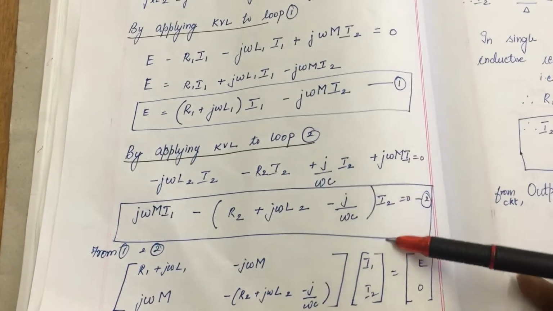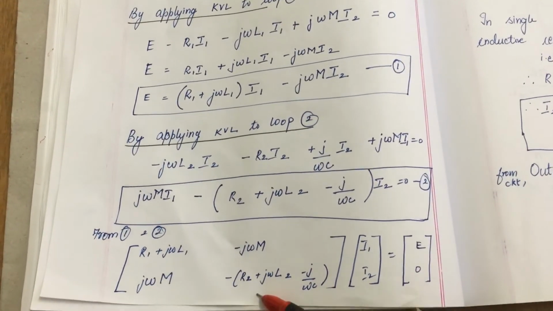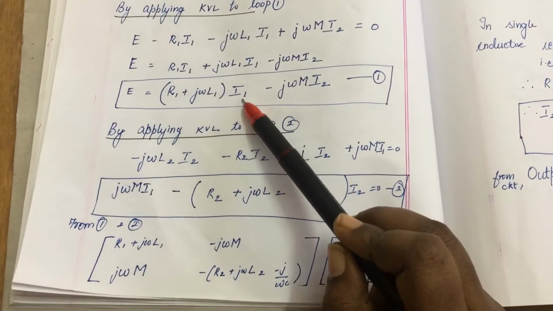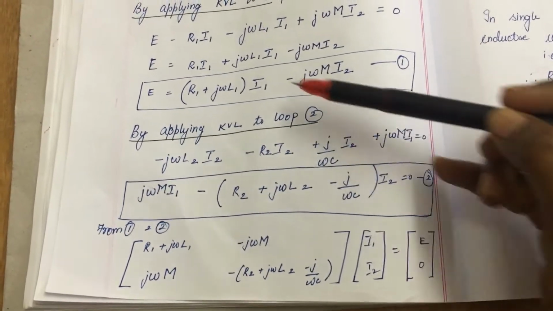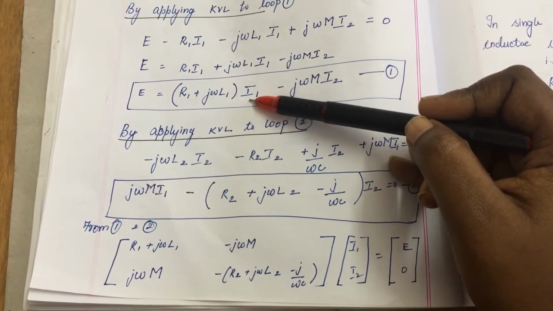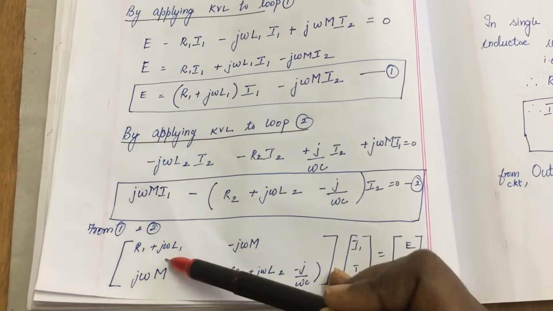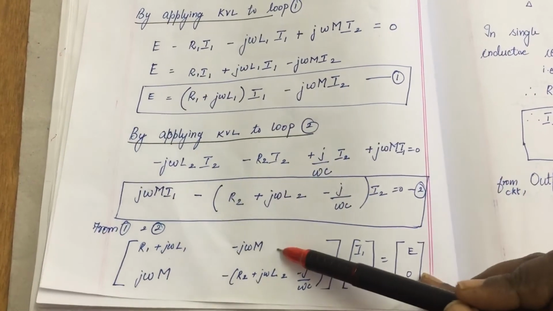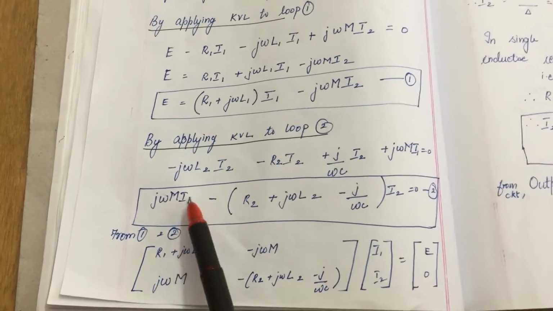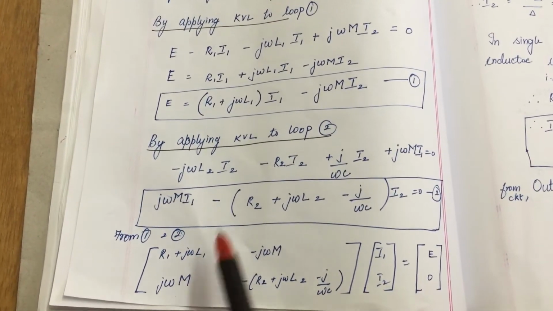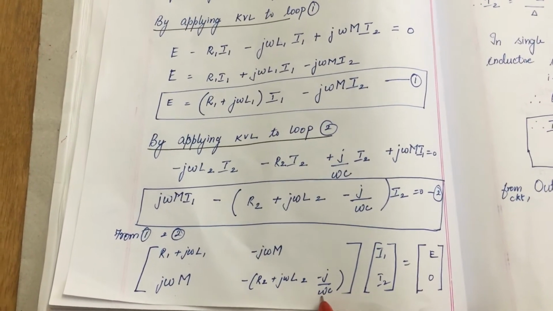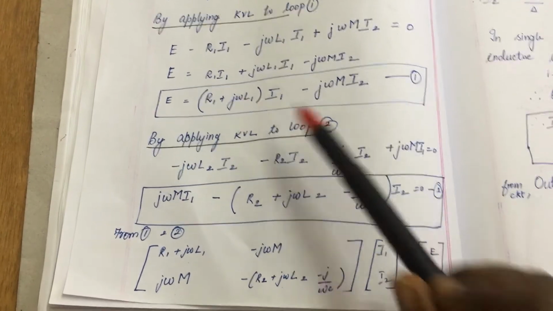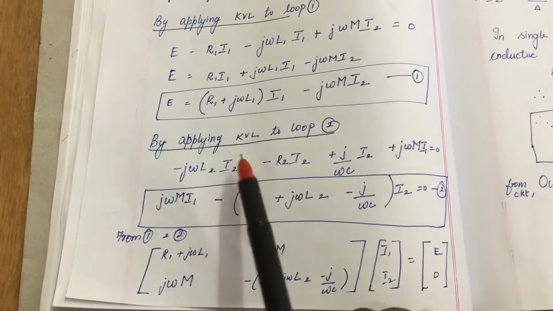From equation 1 and equation 2, we form a matrix. We have the I1 term and the I2 term. For the I1 term you have R1 plus jωL1, and for the I2 term minus jωM. In the second row, for the I1 term jωM, and for the I2 term R2 plus jωL2 minus j/ωC. Here you have E and here you have 0.